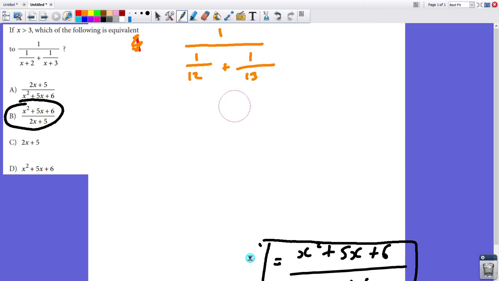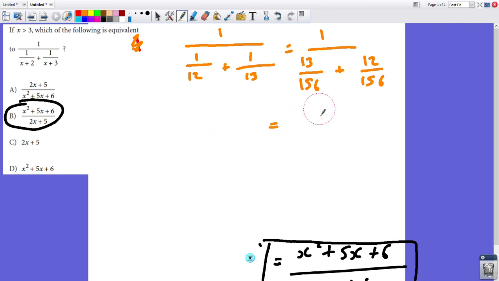Let's get a common denominator. 12 and 13 both go into 156, so I can write this as 1 over, to make 12 into 156, I have to times it by 13, so I times the numerator by 13 as well. To make 13 into 156, I have to times the denominator by 12, so I times the numerator by 12 as well.